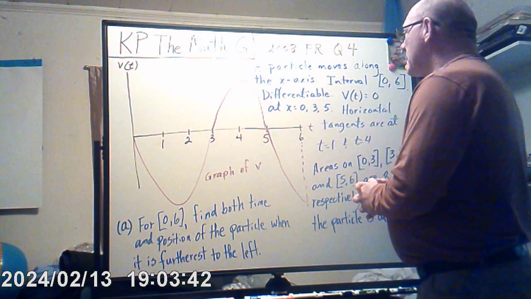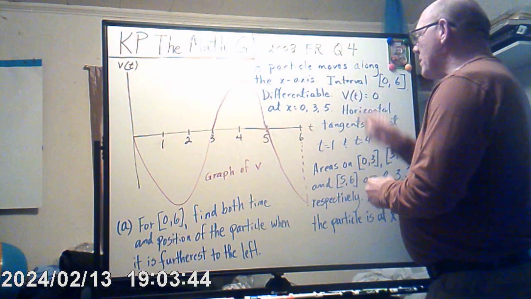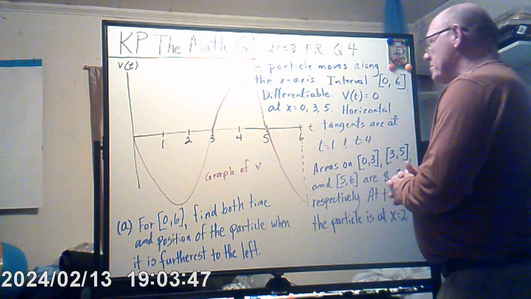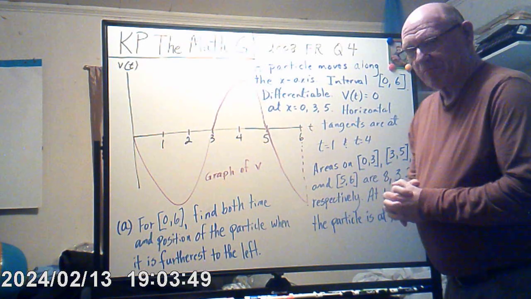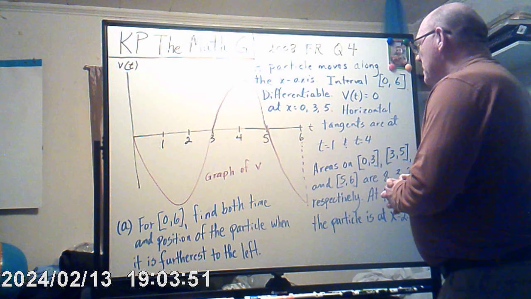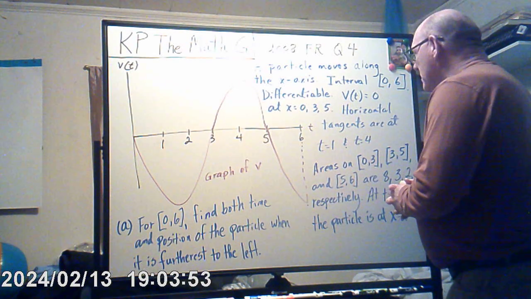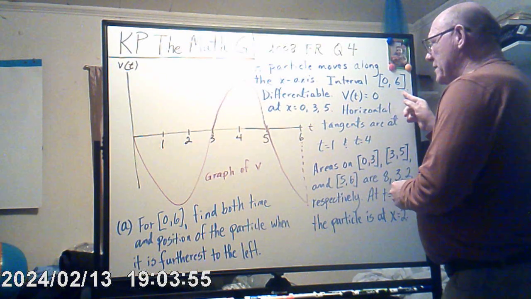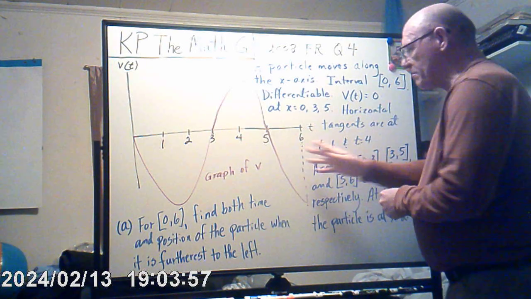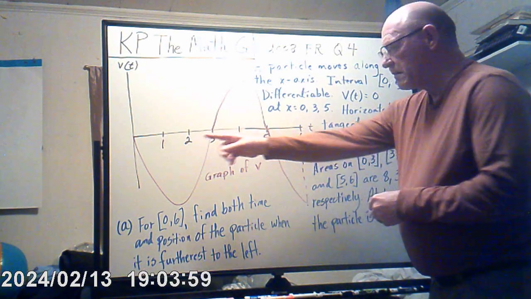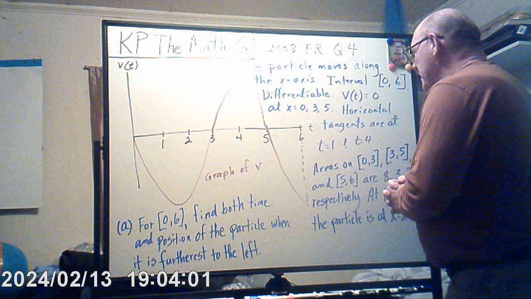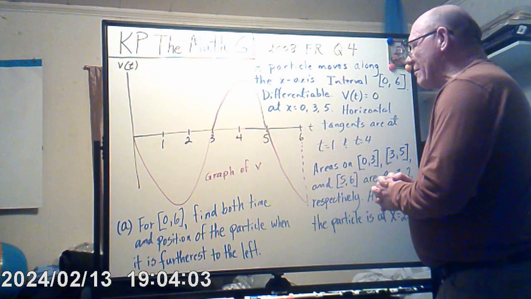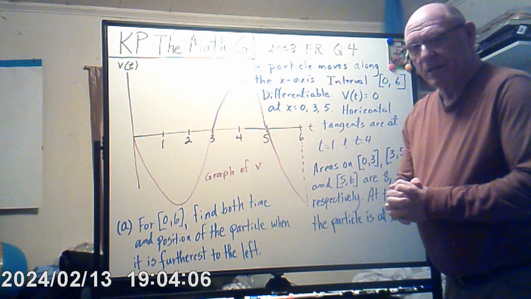A particle moves along the x-axis in a straight line on the closed interval from 0 to 6. T is between 0 and 6, including 0 and 6.